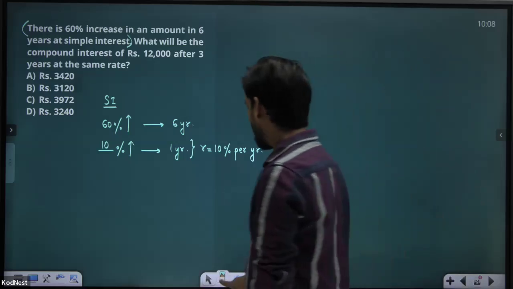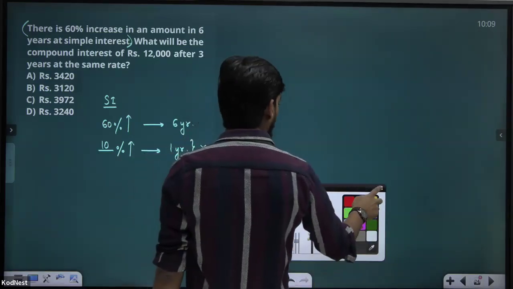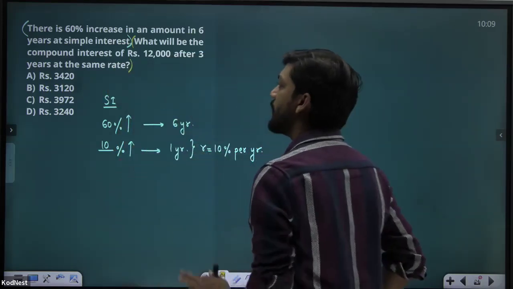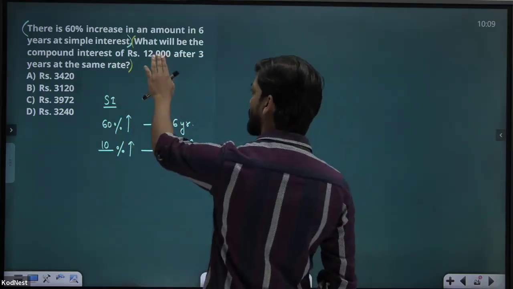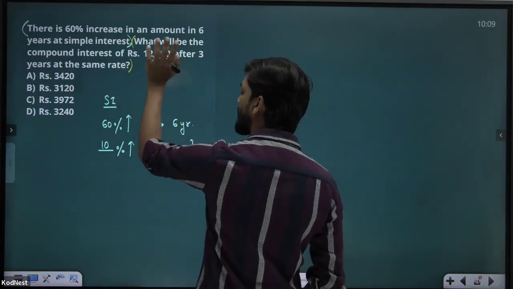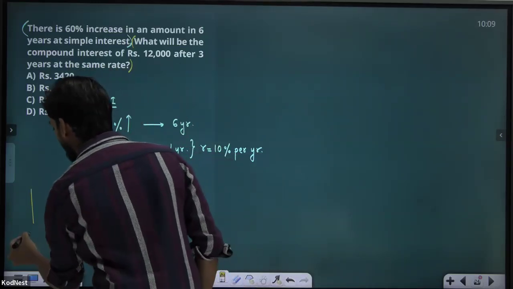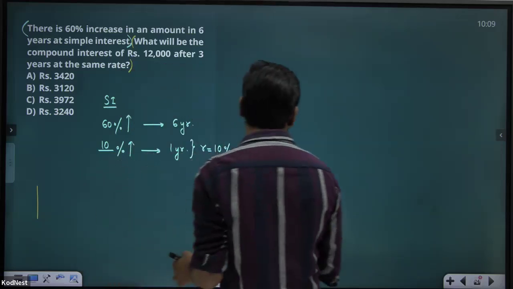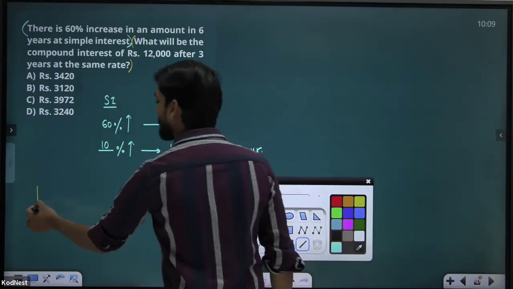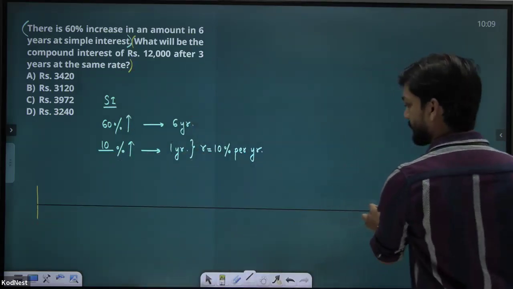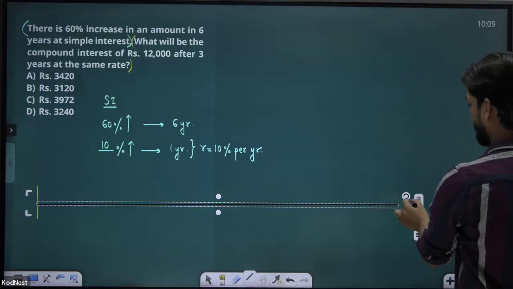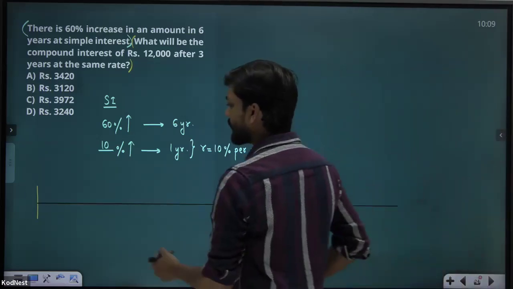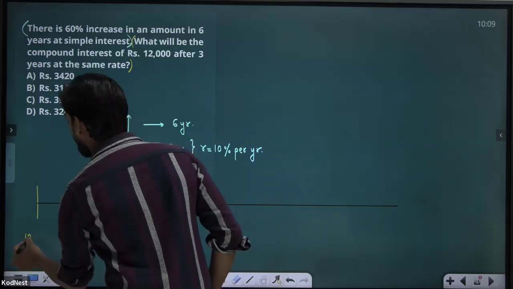Once we have done this, we have to start with this part. What will be the compound interest of 12,000 rupees after 3 years at the same rate? Okay, so ₹12,000 is the starting value.